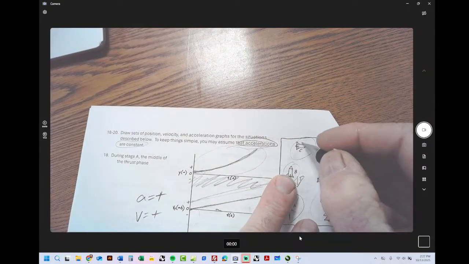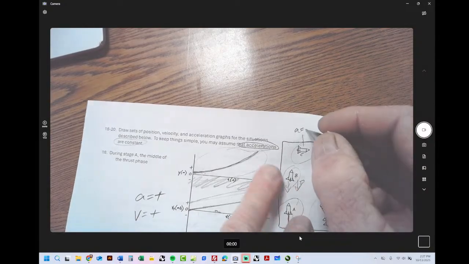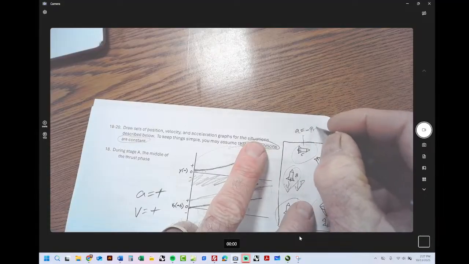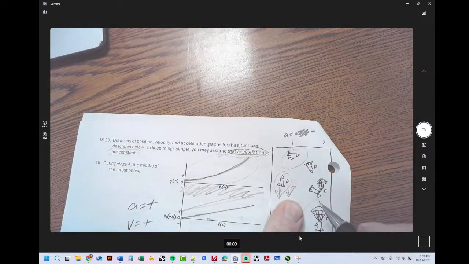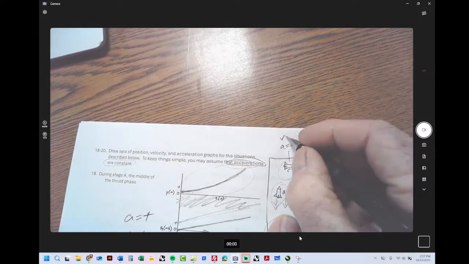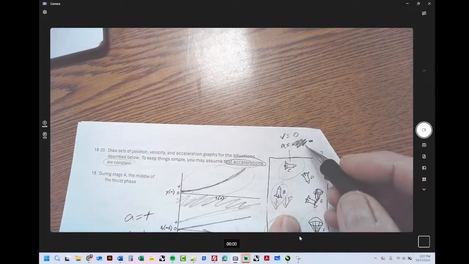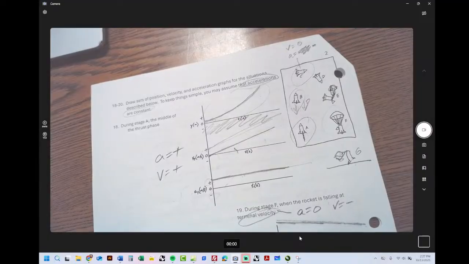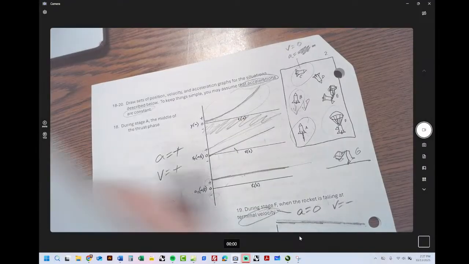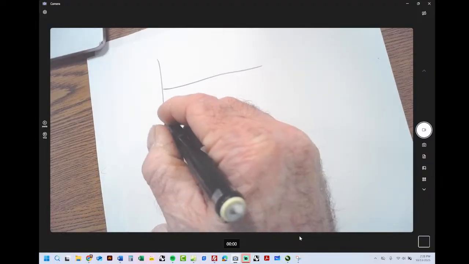the acceleration up at the top is negative 9.8. If it's at apogee, the acceleration is just negative 9.8, which is basically just negative acceleration. The velocity at the top is 0, and the graph would look like this. So here's my position graph.